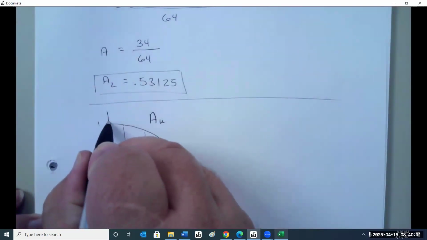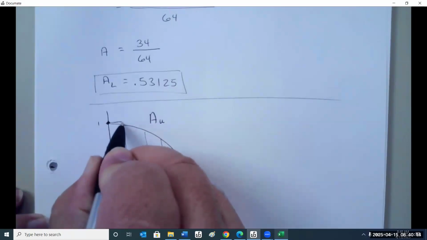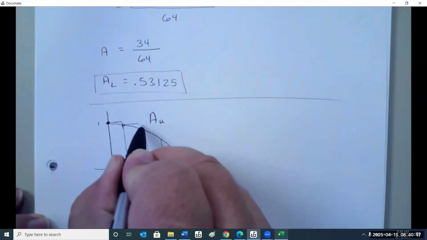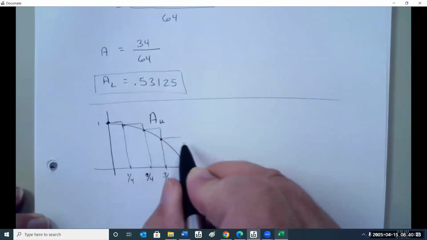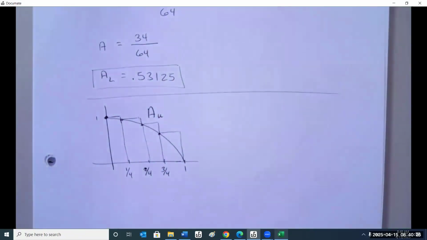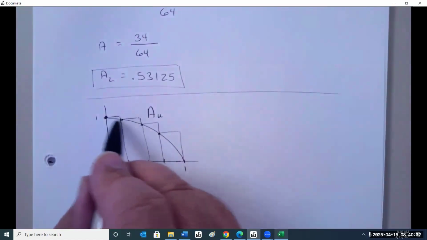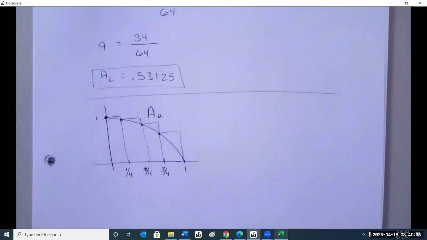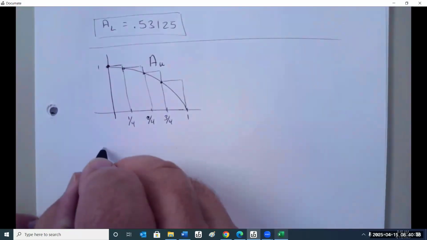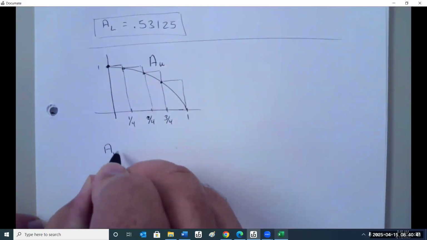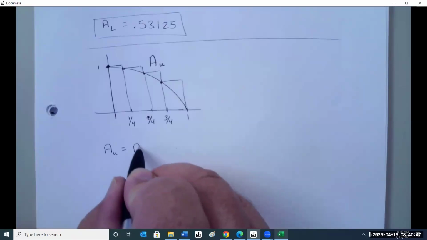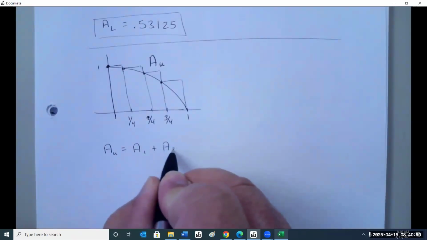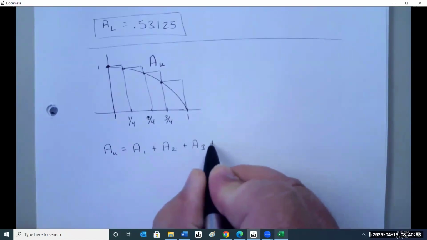So we use the lower bound. So we make this rectangle. We make this rectangle. We make that rectangle. And we make that rectangle. Because we want our rectangles to be outside the graph. The reason it's upper is because it's the greater value. Area 1, area 2, area 3, area 4.